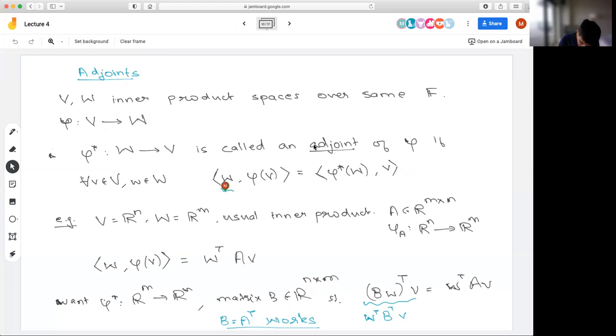This inner product is of w with phi of v, which are both in the W space. So this is the inner product in the inner product space capital W. And this is an inner product in the space capital V. So as I was saying earlier, one is in the space of apples and one in the space of oranges.